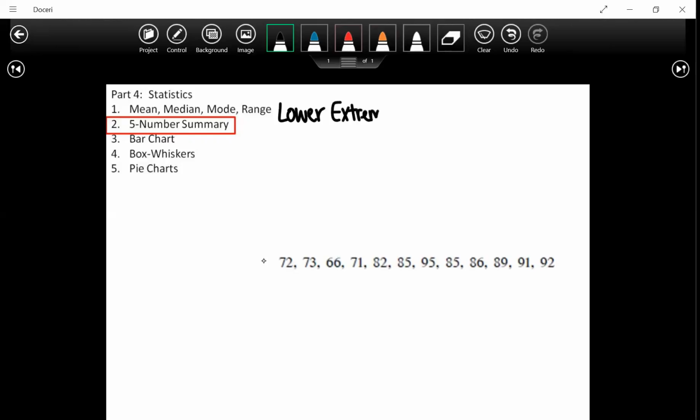Does this help you out? Yeah? Good. Smallest number is our lower extreme. Our Q1 is our median of lower half.